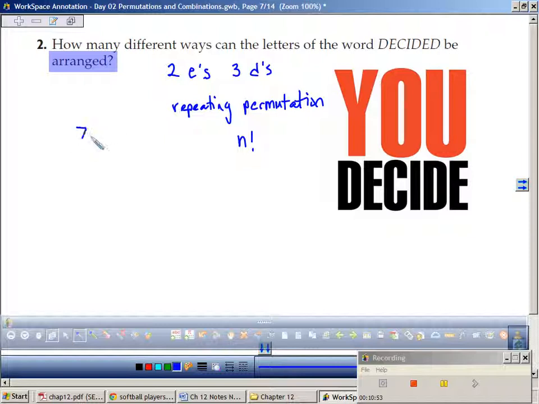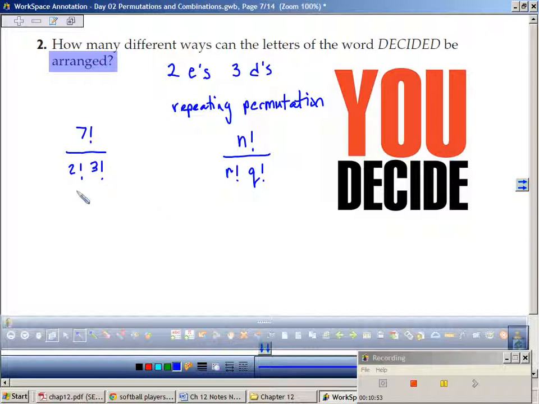That would be 7 factorial divided by my repeaters. So I'm going to call that r factorial and q factorial. So if r would be one of my repeats, there's 2 of them. So that would be 2 factorial. And if q is one of my repeats, there's 3 of them. So that would be 3 factorial.